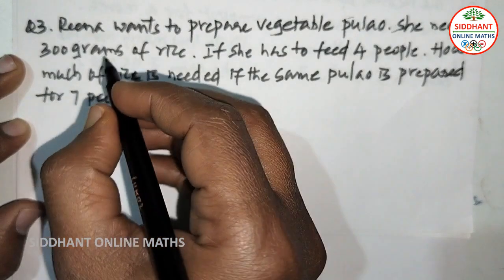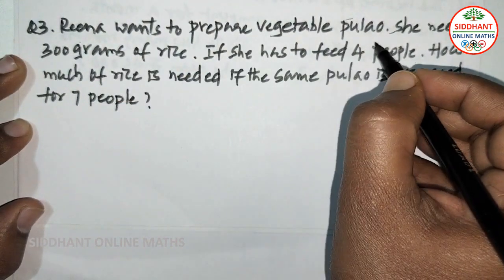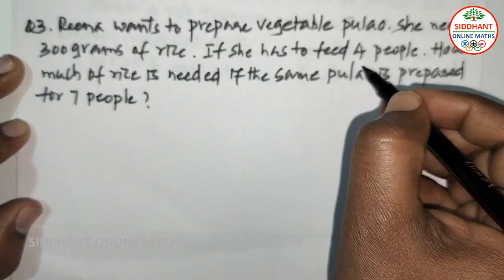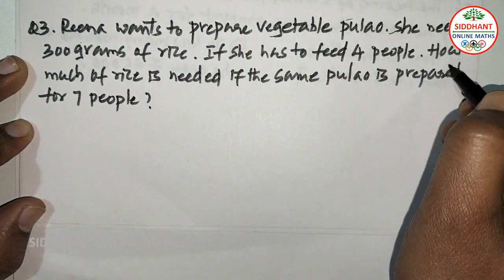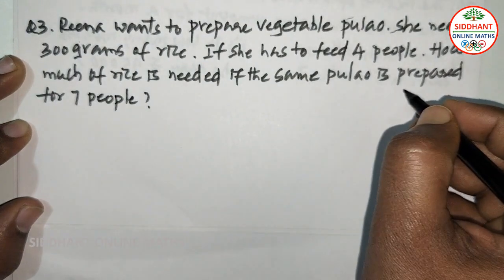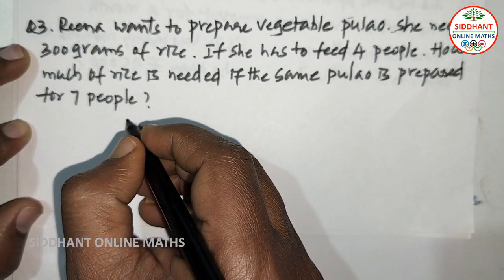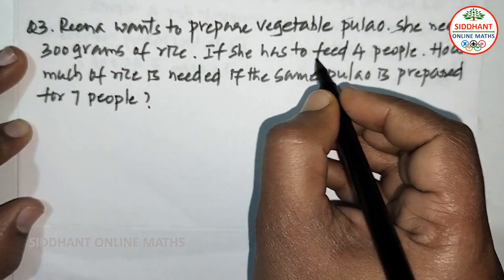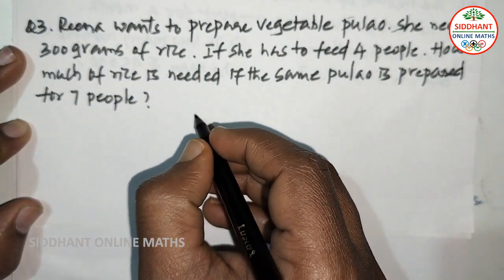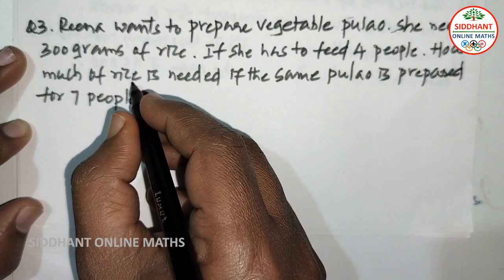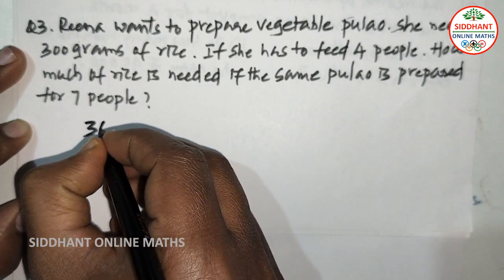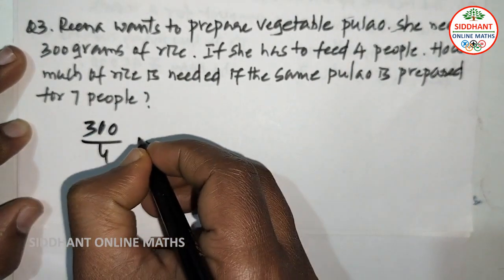Question number 3. Reena wants to prepare vegetable pulao. She needs 300 grams of rice if she has to feed 4 people. How much rice is needed if the same pulao is prepared for 7 people? So for 4 people, 300 grams of rice is required. So for each person, how much rice is required? That means 300 by 4.